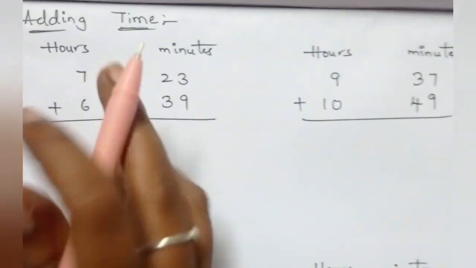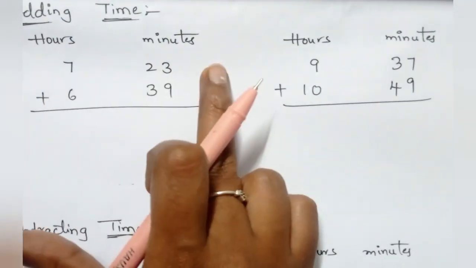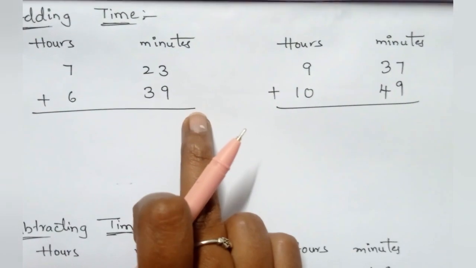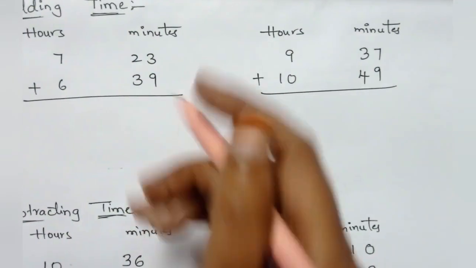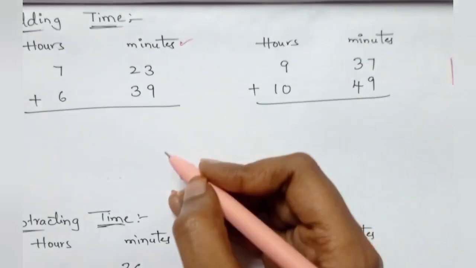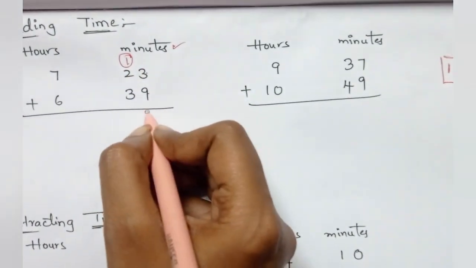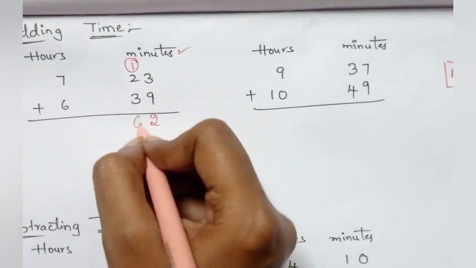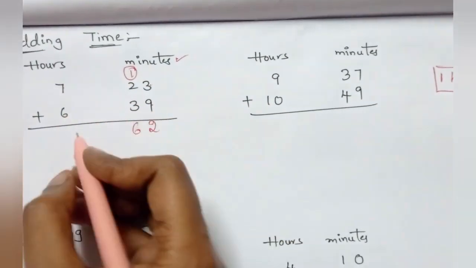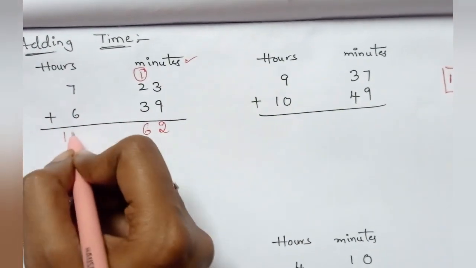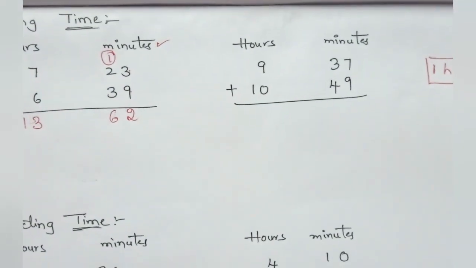See, here the question is given: 7 hours 23 minutes plus 6 hours 39 minutes. As usual, we'll do addition from the minutes place. 3 plus 9, it is 12. 2 plus 3, it is 5. And 7 plus 6, it is 13. So I got 13 hours 62 minutes.